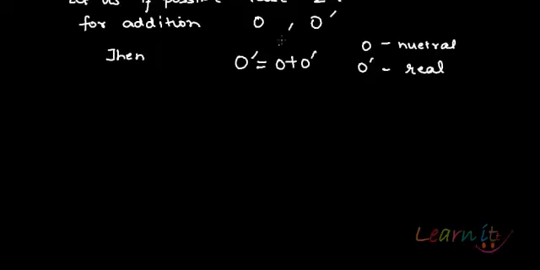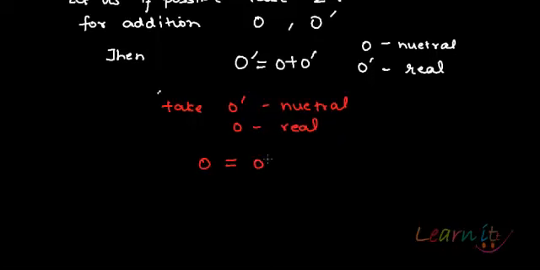Why? Because I'm taking 0 as neutral. In the same way, if I take 0 prime as neutral and 0 as real, then what will you get? 0 equals 0 prime plus 0.